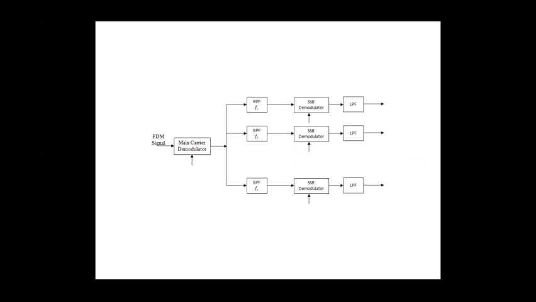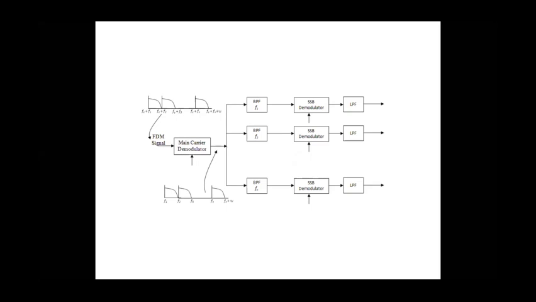At the receiving end, what will happen? This is the received signal, no doubt. The received signal again has n number of message signals occupying different frequency bands. So first we need to down convert it. That's why we are using a local main carrier whose frequency is Fc.